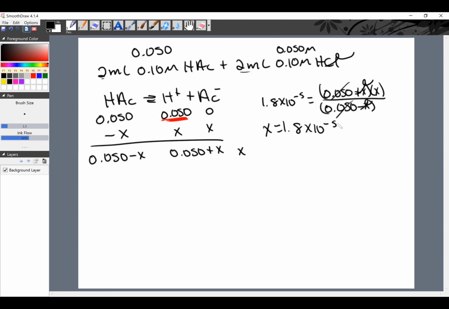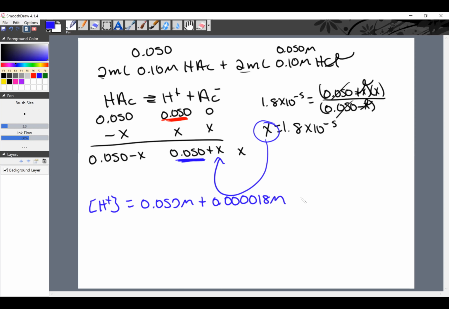Here is the first time where x is not what we take the negative log of. What is x? X is just the ionization, but I started with some protons already. So if you want the proton concentration at equilibrium, it's 0.050 plus 1.8 times 10 to the minus fifth. And there is the reason for this problem. It's negligible.